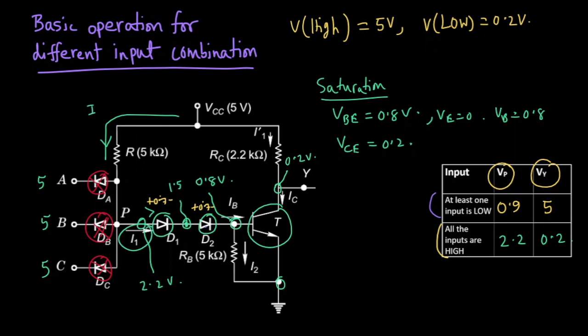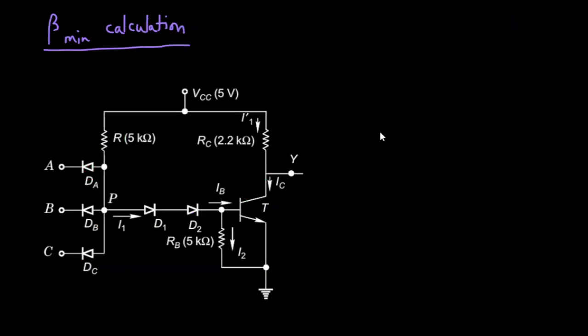We can denote this as I1, and the value of I1 will be the voltage difference across the resistor R, that is VCC minus VP divided by R, and for our case the value of I1 will be 0.56 milliampere. Now we will see that if we choose an appropriate beta value, then our assumption that the transistor T operates in saturation mode will be valid.